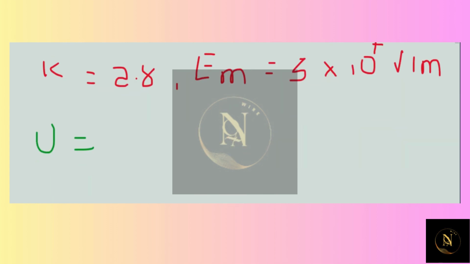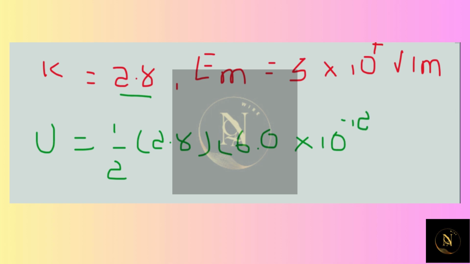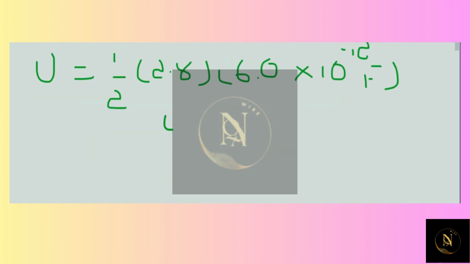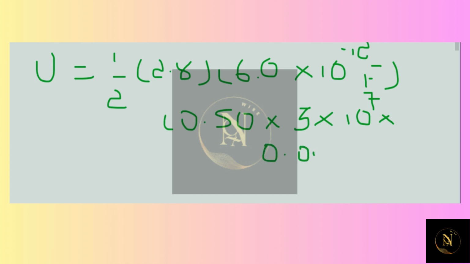We can write 1/2 K, which is 2.8, into C0, which is 6.0 into 10 to power minus 12 farad, into 0.50 times EM, which is 3 into 10 to power 7 volt per meter, and D. So D is 0.0025 meter, whole square.